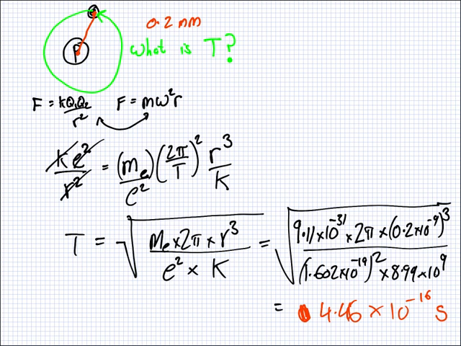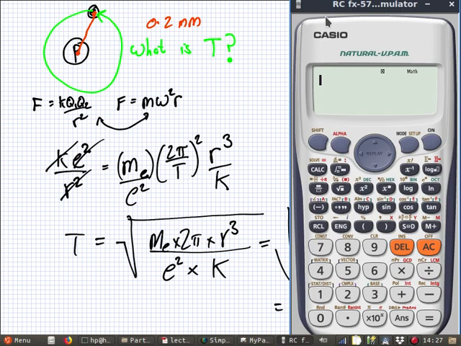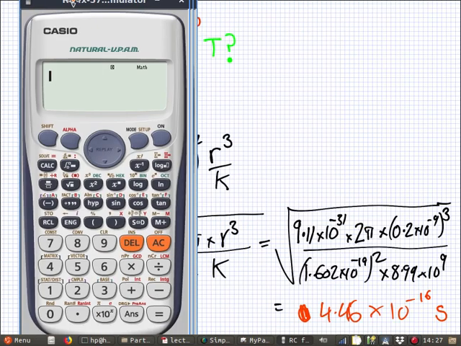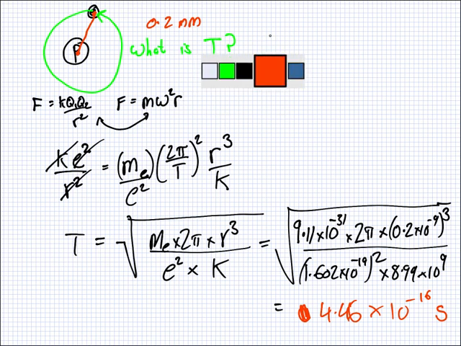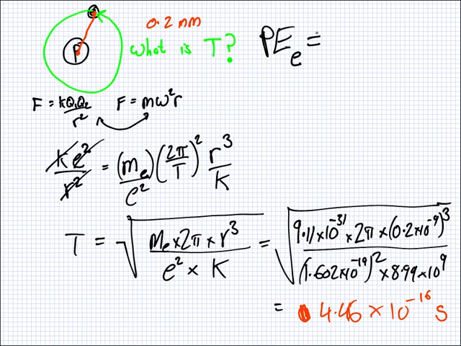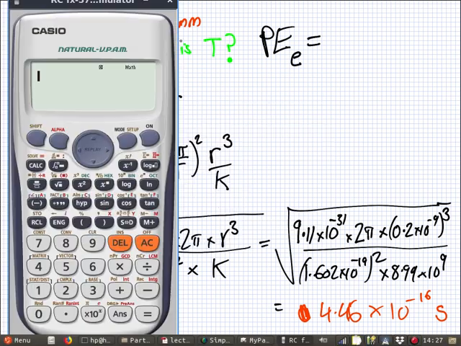Right. My last question then for you. We don't need it now. It's okay. My last question is, what will be the potential energy of the electron? Oh, it's all easy. Yes, so calculate. Minus.